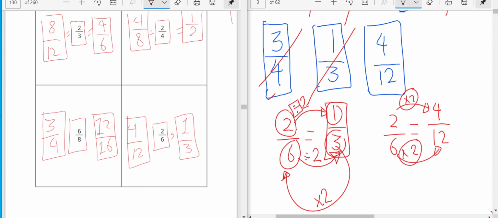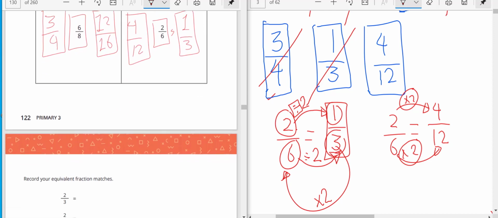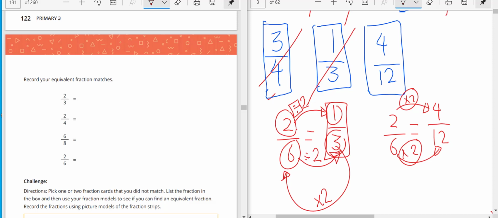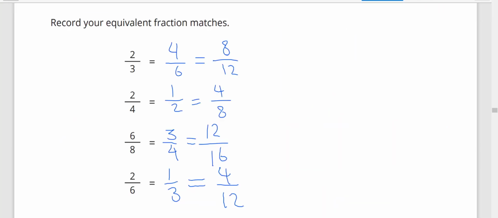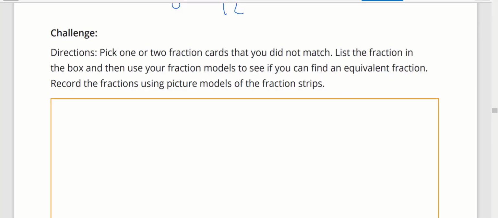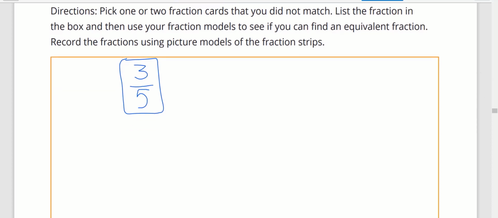Now, the next page. Record your equivalent fractions matches. If we have this fraction, 3 over 5, we want to get the equivalent fractions to this fraction using a fraction model strip.